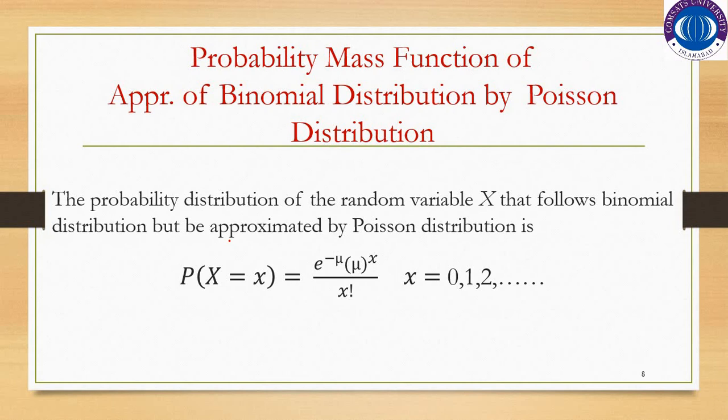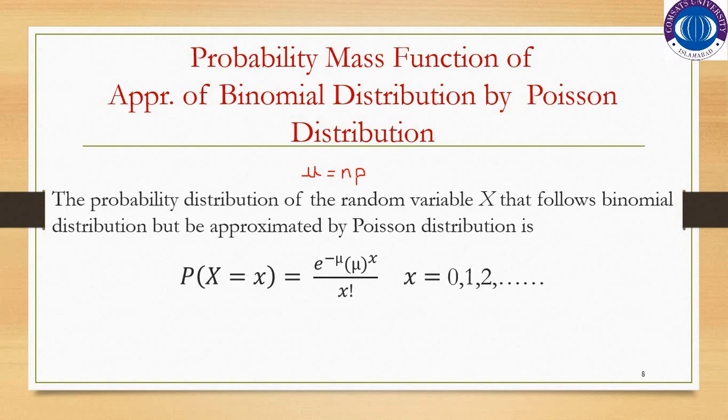So this is the probability mass function of the Poisson distribution, which is approximated from the binomial distribution, and the conditions are that n is very large and p is very small. So this one mu is basically the mean of the binomial distribution, which is n into p.